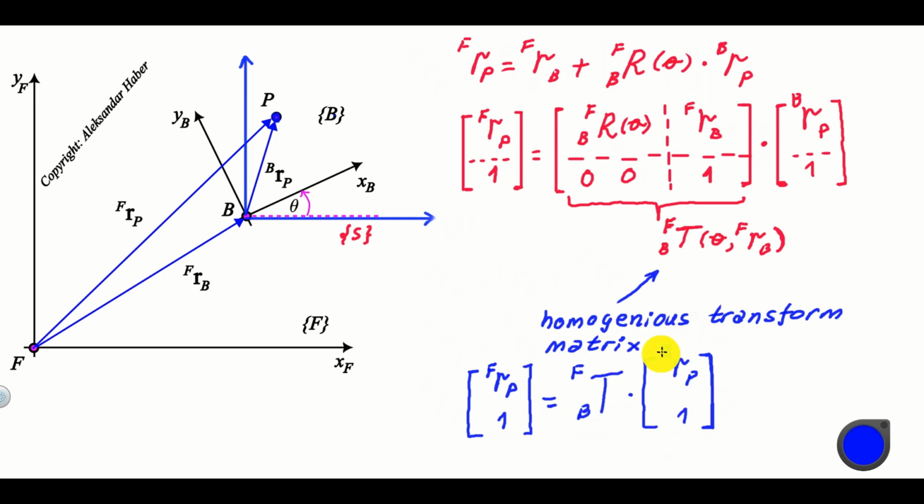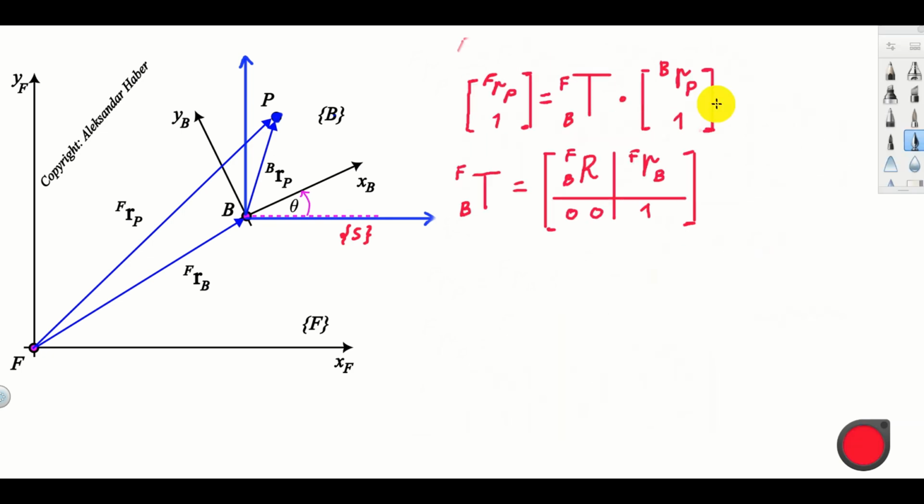We can multiply this vector encoding the coordinates of P in B, and we can obtain over here the coordinates of P in the fixed frame F. That is, only a single matrix multiplication will perform translation and rotation. Next, it's very instructive to learn how to completely expand this equation and this matrix.